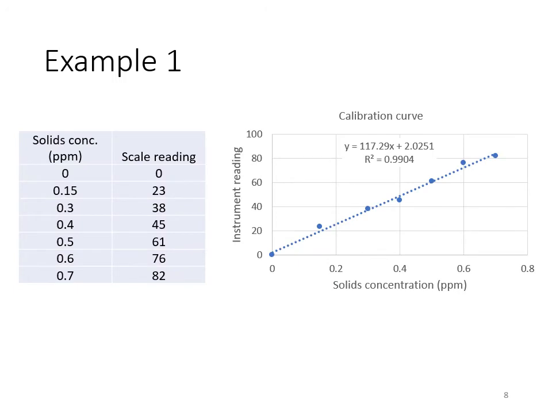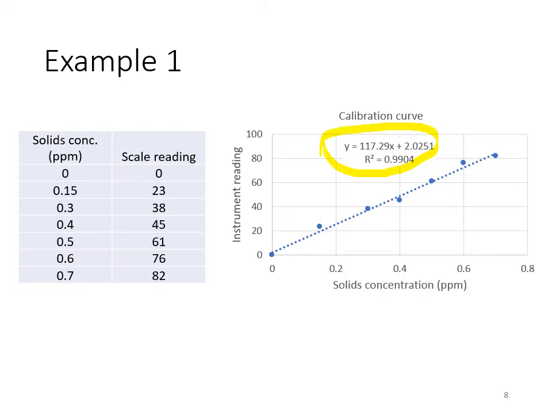Excel makes this very easy, and all that's happening is basically this regression analysis is done by Excel. And if we do this on our calibration data, what we end up with is a calibration curve, and we end up with a linear best fit line and an R squared.